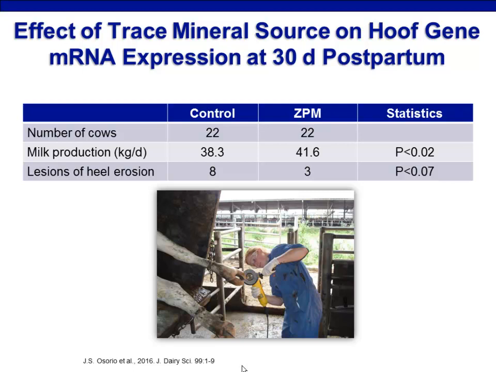This is nothing more than they actually walked them, did all the things of watching these cows walk. They had no difference in locomotion scores between the 2 treatments. But they had a huge difference in the amount of inflammation on the heels of these cows, and quite severe.